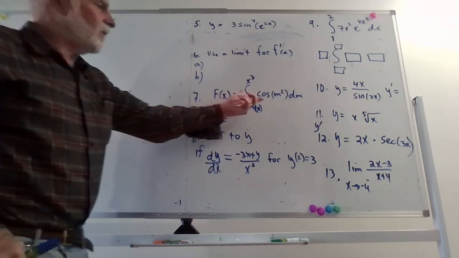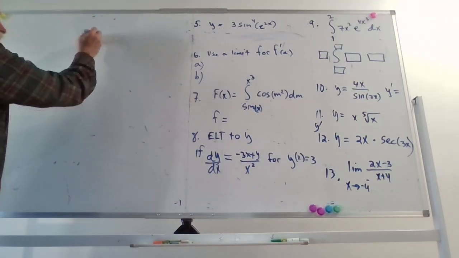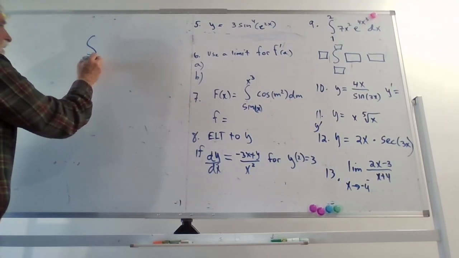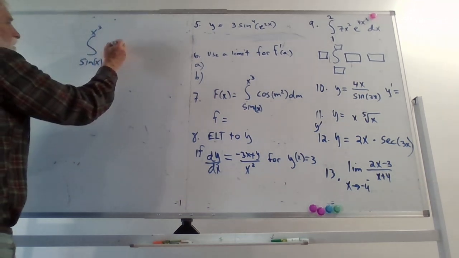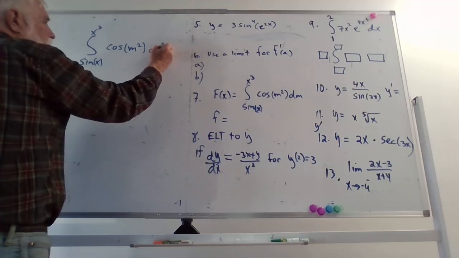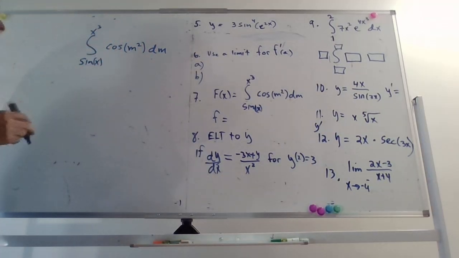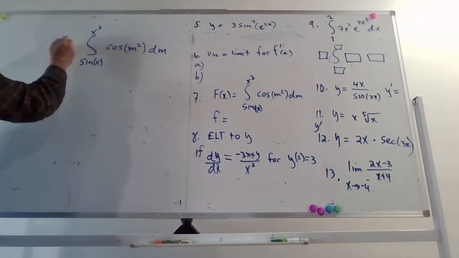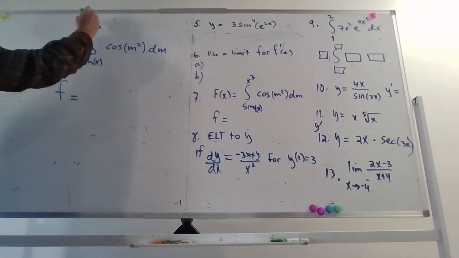Now I can't integrate cosine m squared dm. So we're trying to do the integral of sine x cubed, cosine m squared dm. I can't integrate it, but if this is big F, I can still find little f. Do you remember how? We drop it in.